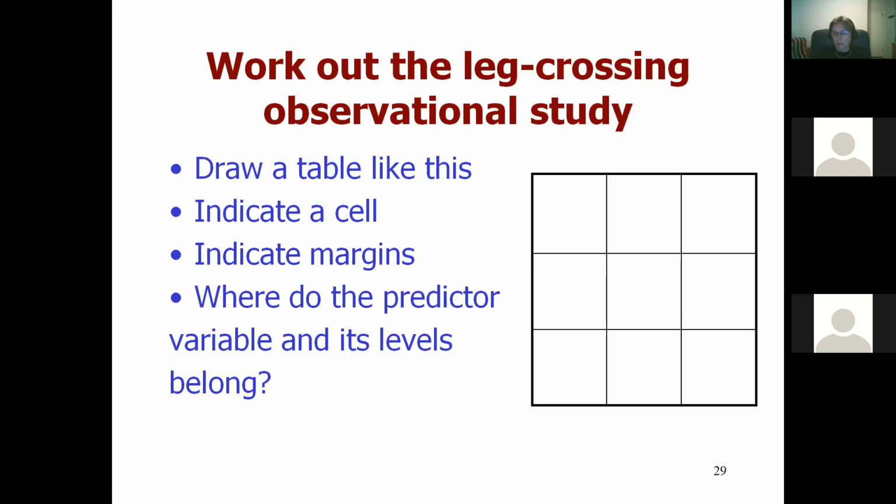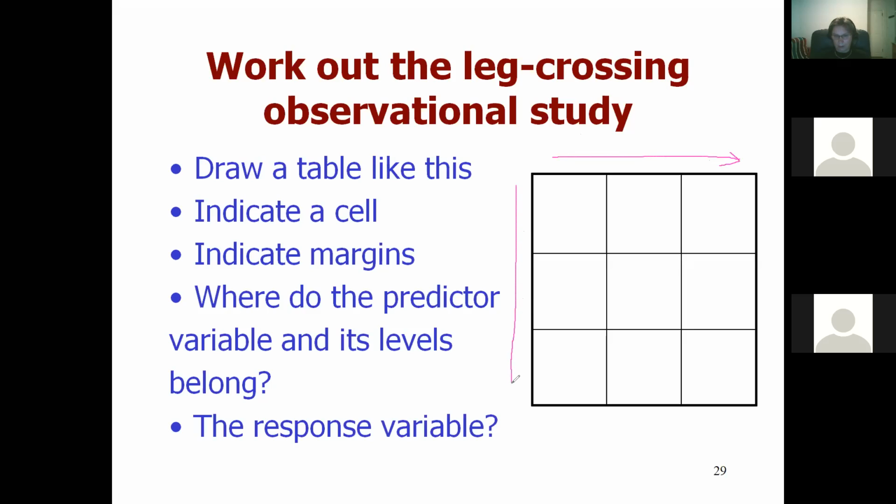Where do they go? So they can either go here. Oops, I need my annotation tool again. They can either go here, right, at the top, or they can go along the side, so this way. And now I'm sure you can predict my next question, which is where will the response variable go?